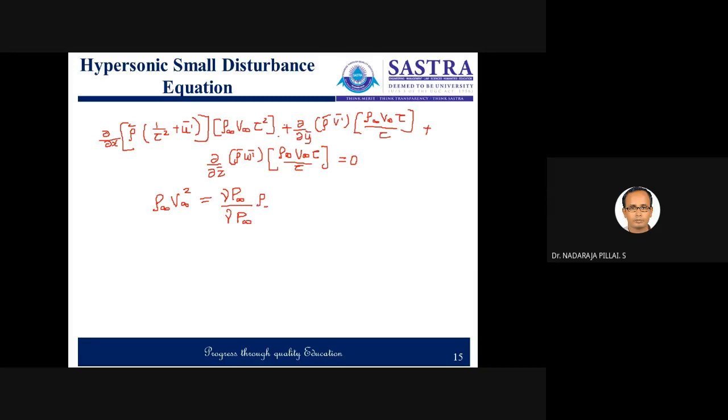And here ρ∞ v∞², then we can write this as γ p∞ v∞² by a∞². We know this equation, so we can finally write γ p∞ M∞². So let us keep this result here.